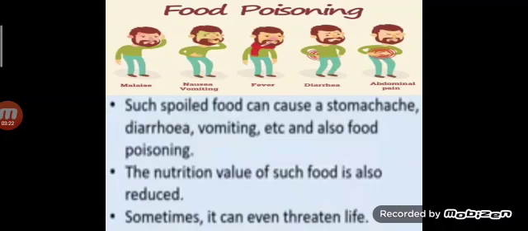Yes, we will have a lot of stomach ache. Stomach ache means what, children? Our stomach will start paining and then you will have diarrhea. Diarrhea means loose motion, and a person might even suffer from vomiting. Whatever food you consume, again it will come out.